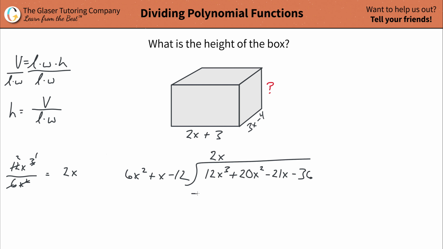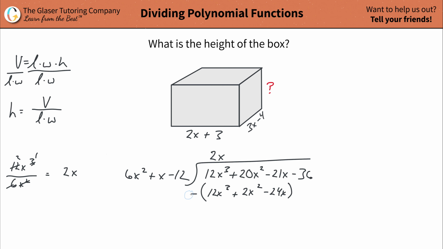After you do that, you're going to have a minus symbol, and then double parenthesis. What you're now going to do is take this quotient and multiply it into each term of your divisor. So the 2x multiplied by the 6x squared should give you 12x cubed. These should always match, by the way, if you did it right. Then 2x multiplied by x is simply going to be a positive 2x squared. And then the 2x times the negative 12 is going to be a negative 24x.